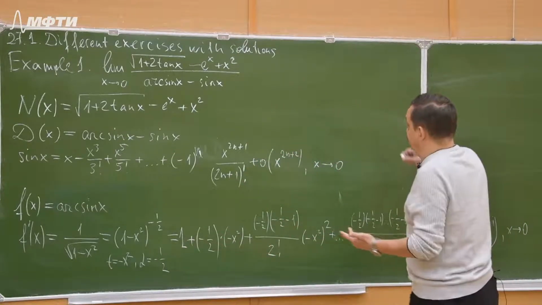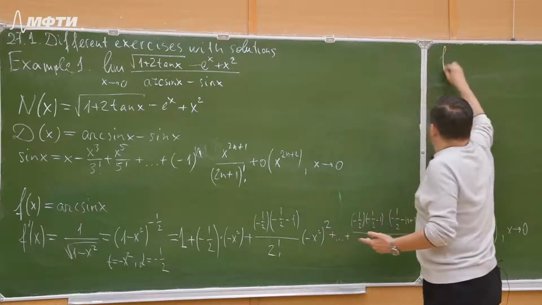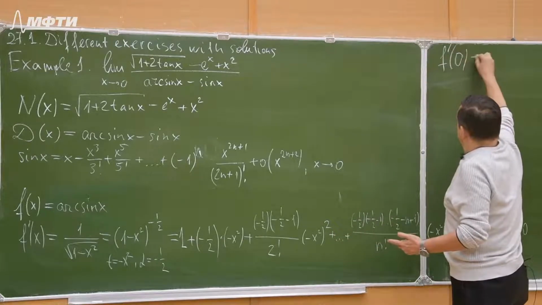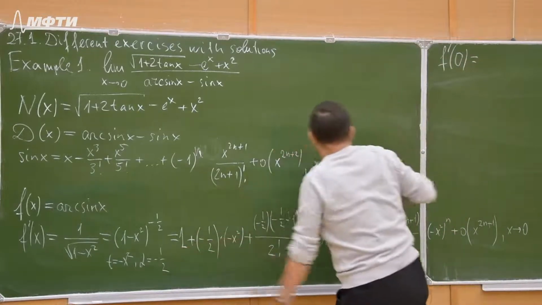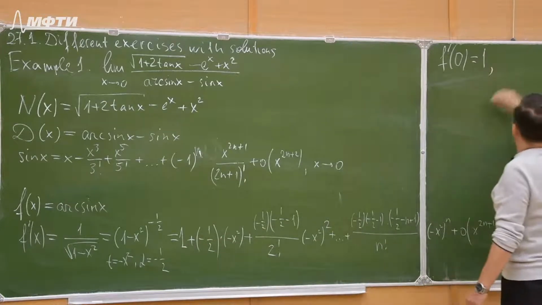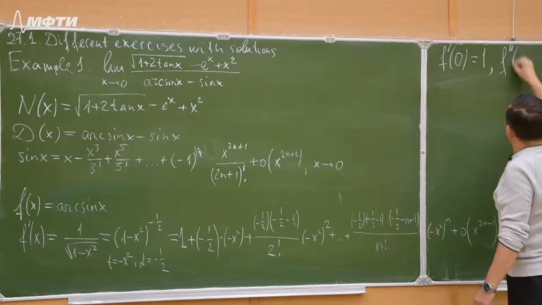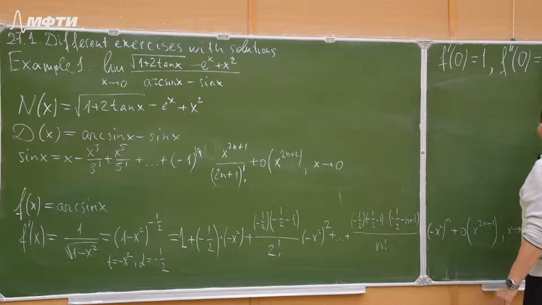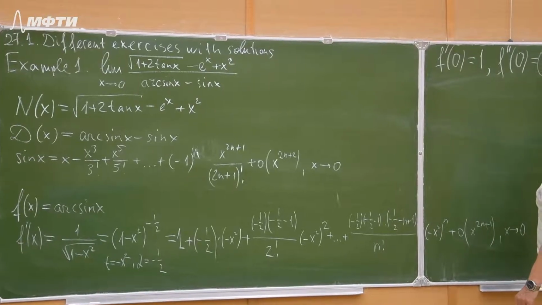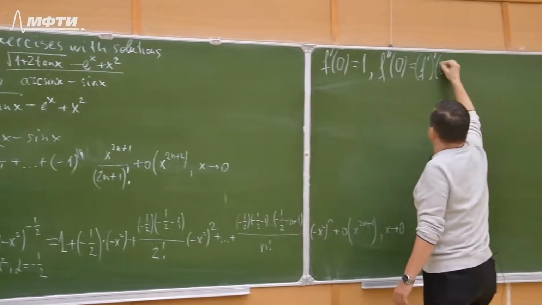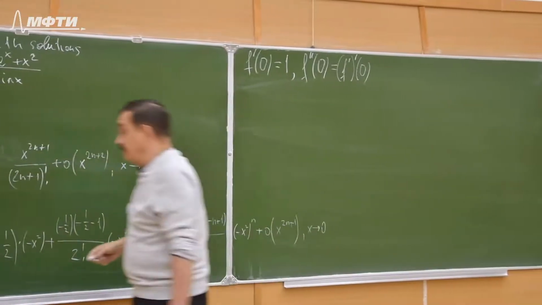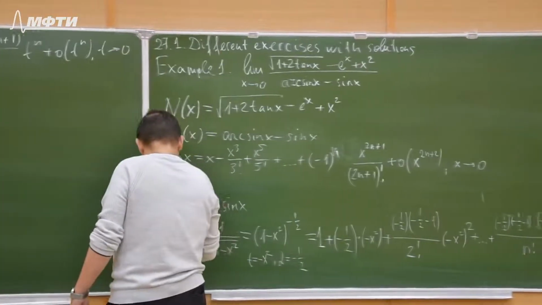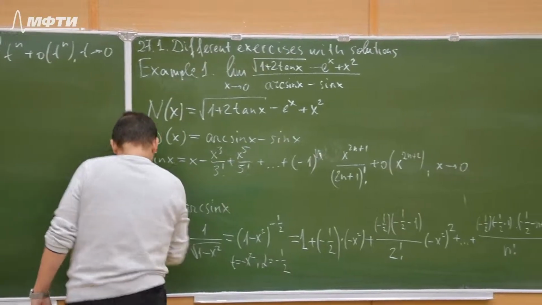So we have f prime at 0 is 1. F double prime at 0, that is f prime of prime at 0. So maybe it is better to write it here like g of x, do not mix.